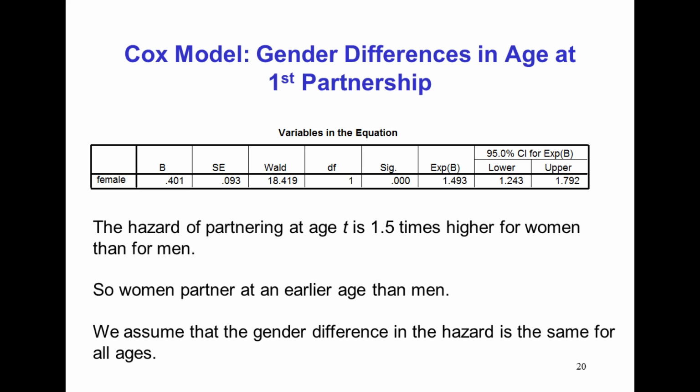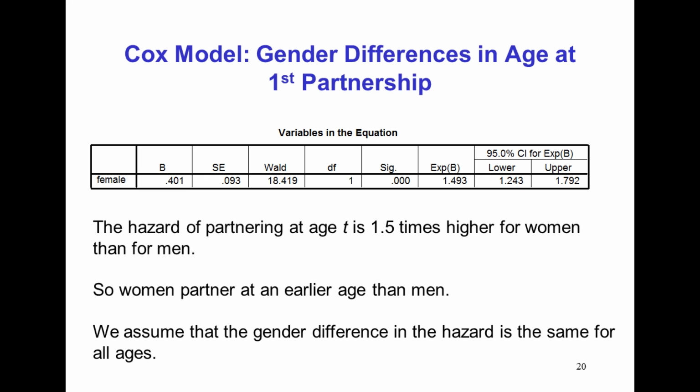All right. And we can interpret this number here. What we do is we just take the exponential of this coefficient here. So it's about 1.5. So what that says is that at any particular age, the hazard of partnering is about 1.5 times higher for women than it is for men. And what that means, if you've got a higher hazard, is that you experience the event earlier. Right? So women are partnering at an earlier age than men.